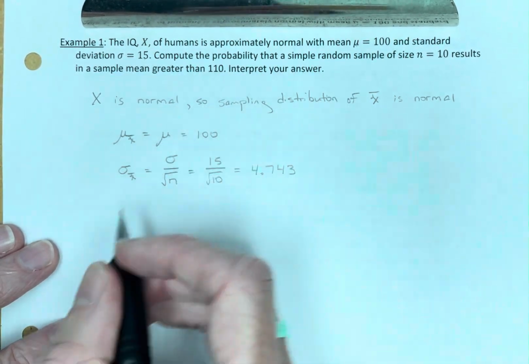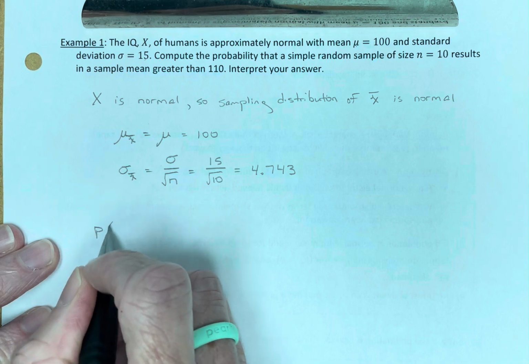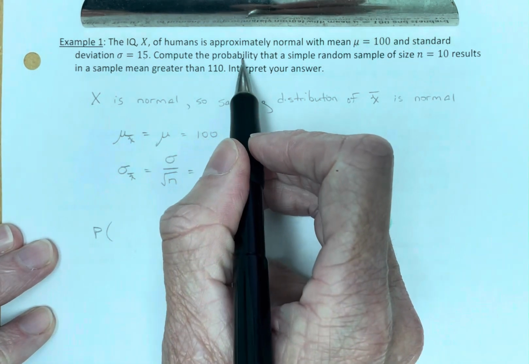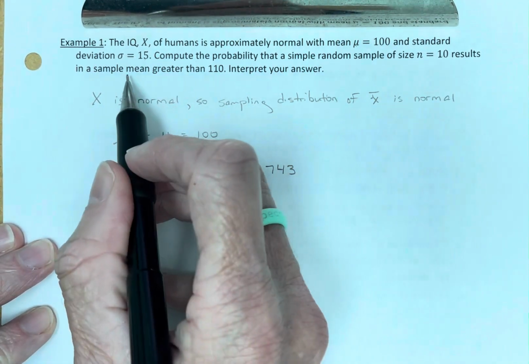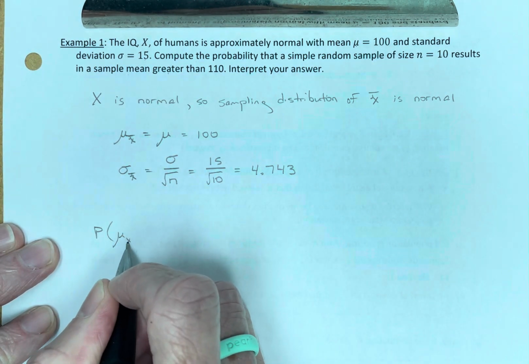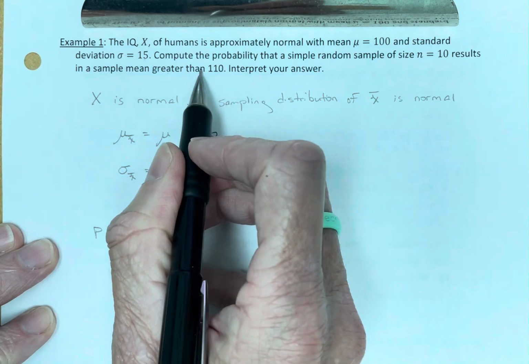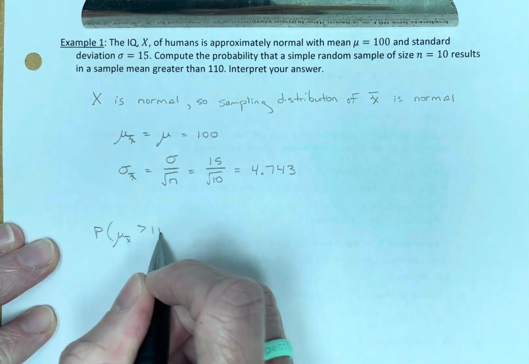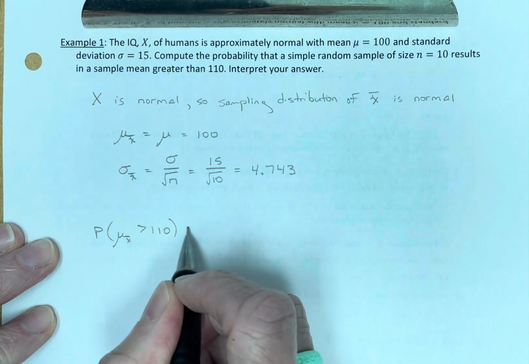Compute the probability. Okay, here's the question. What is the probability that a sample mean, that is mu sub x bar, is greater than 110? We want to compute that right there.